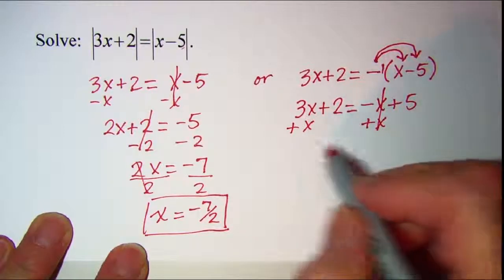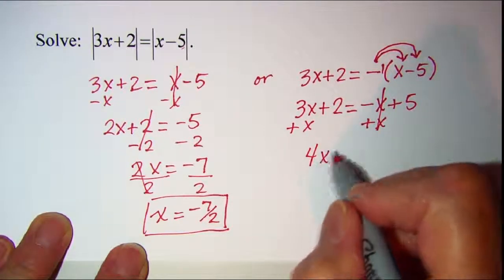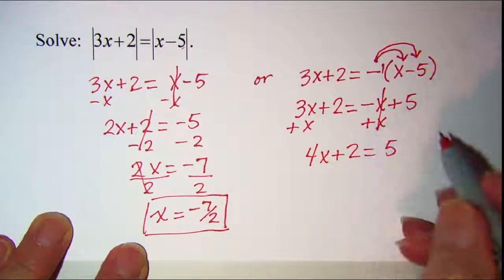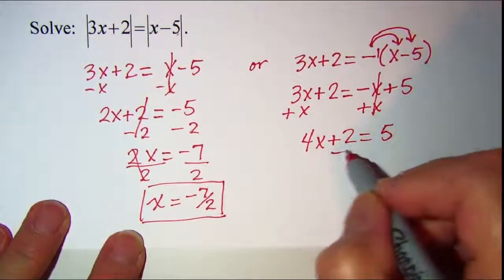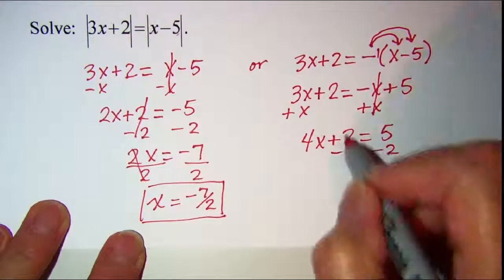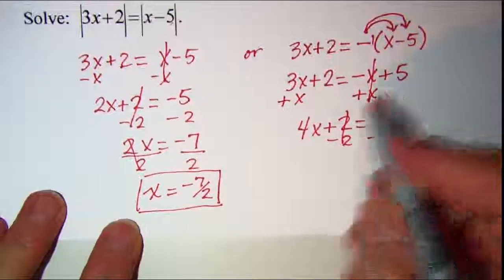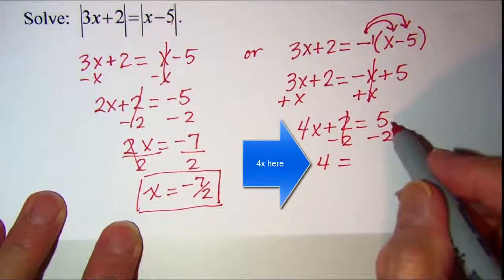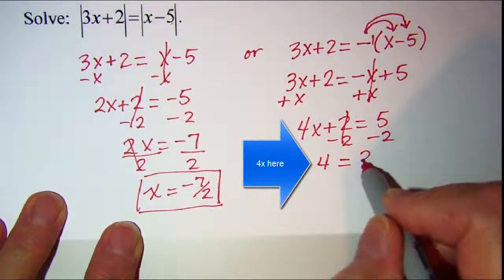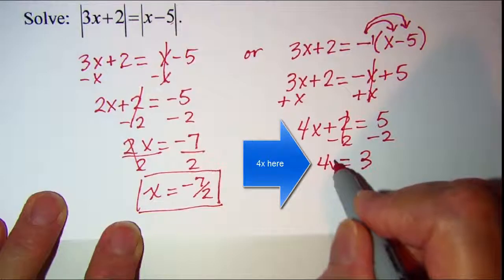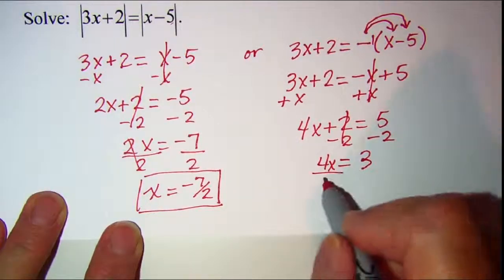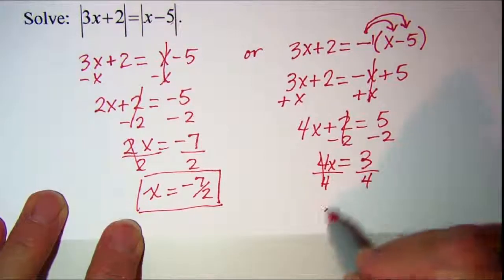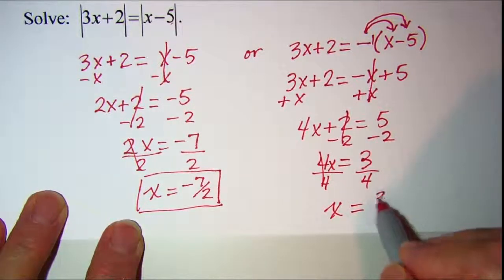And 3x plus x is 4x. Subtract 2 from both sides. These will cancel. So 4x equals 3. Oops. Divide both sides by 4. These will cancel. And x is equal to 3/4.